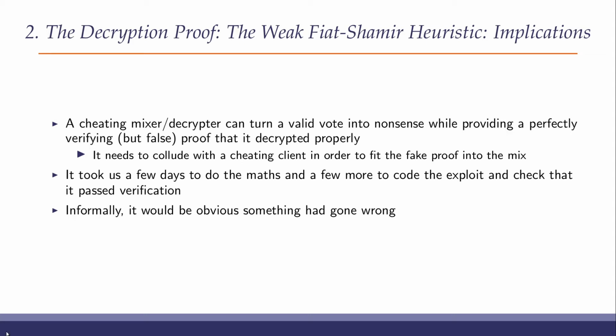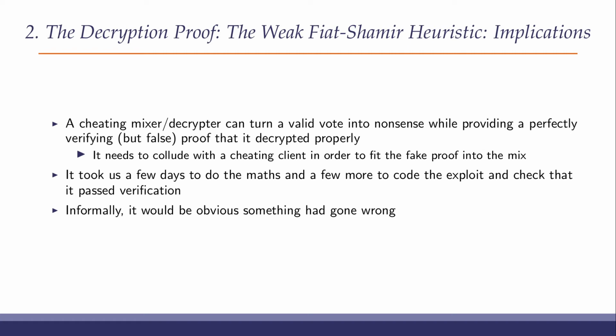Then we found another bug, which I described in considerable detail in my lecture for the summer school, which related to a weak use of the Fiat-Shamir heuristic, allowing a cheating decryption service to pretend to be validly decrypting, but actually maliciously substitute a vote that looked like total nonsense for something that had in fact been a perfectly valid encryption of a valid vote.